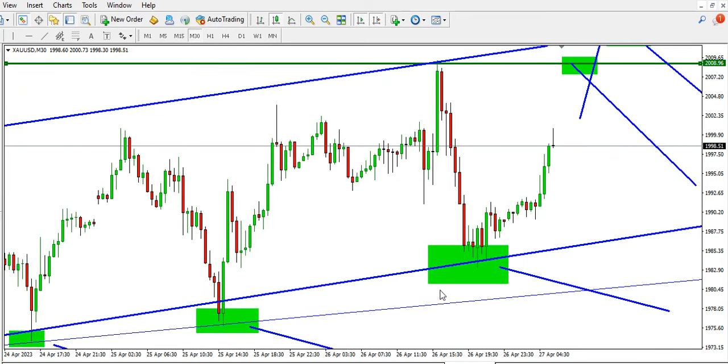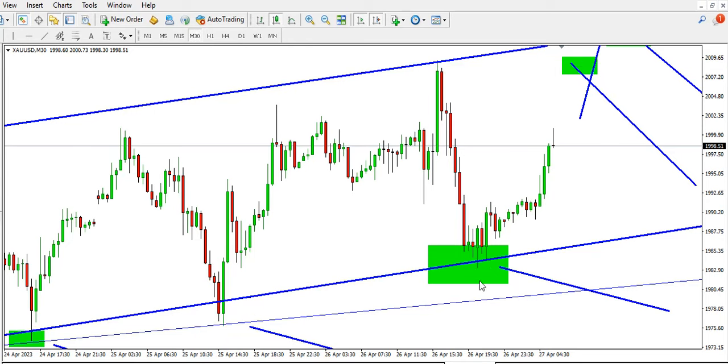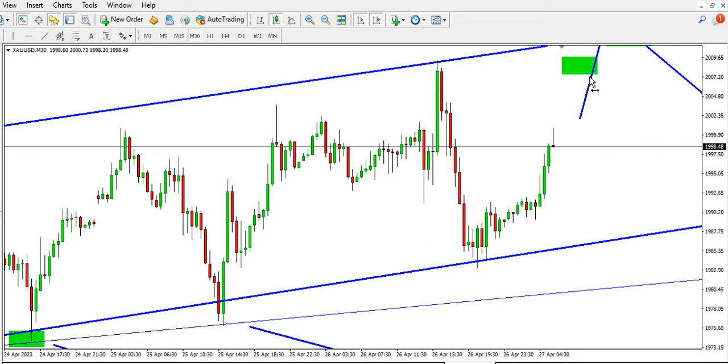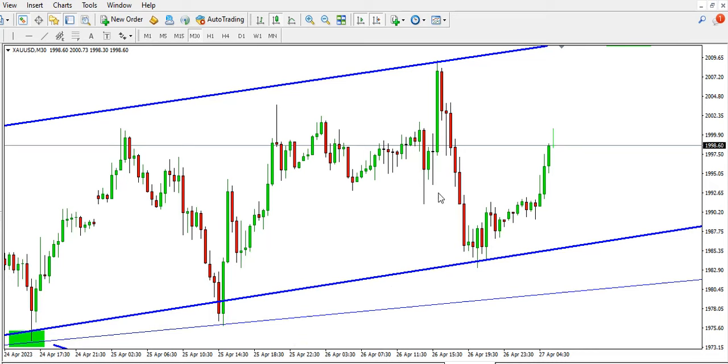The 30-minute time frame is an elaboration of the 1-hour time frame. The ascending channel is more obvious, and we have this sharp drop.